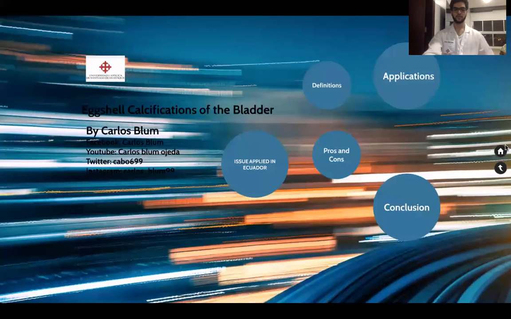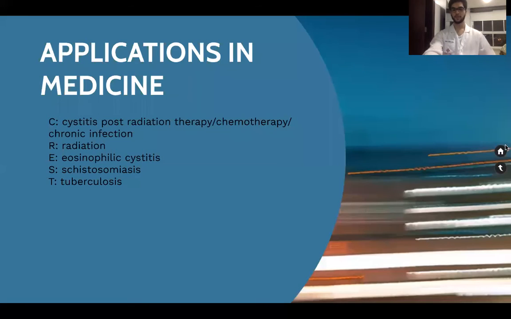Now, to talk about the applications in medicine, we need to understand that eggshell calcifications of the bladder are caused by different types of pathologic cases. First, we have cystitis post-radiation therapy, chemotherapy, or chronic infection. The radiation itself may cause the calcification.